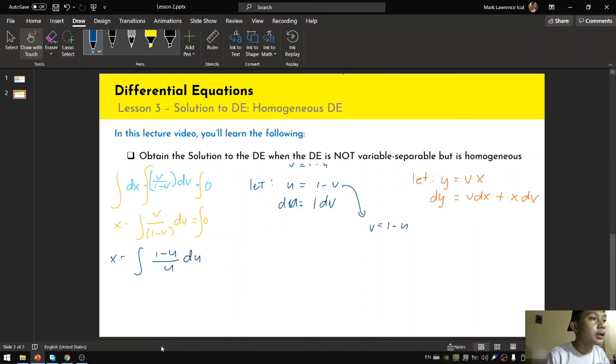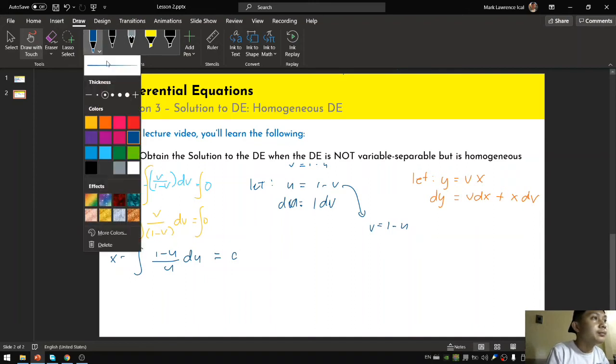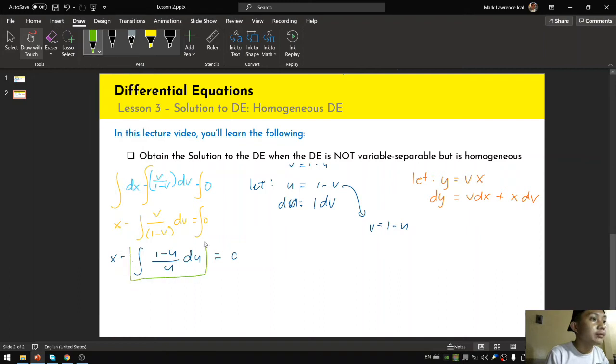Okay. So, now we can finally do something about this one. If you can see, this is fractional form, so we can separate the numerator from the denominator.